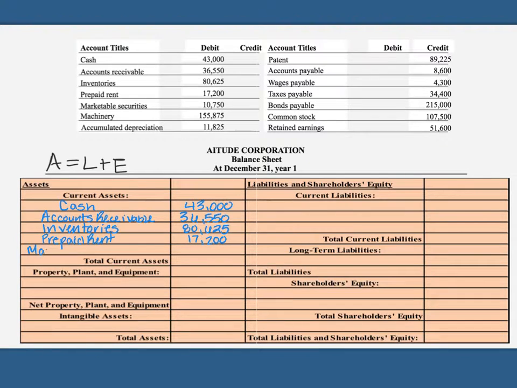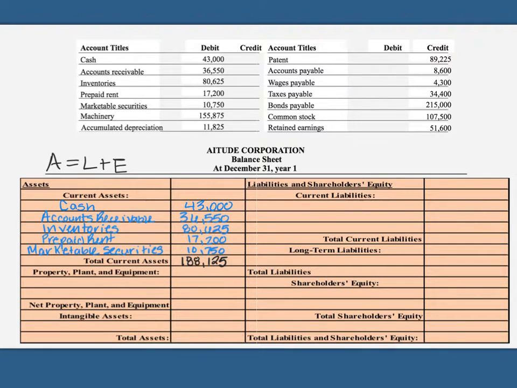So they will be current assets. And then we will plug that number in, and we will add all our current assets up to get that total, and that is going to give us $188,125. Okay.